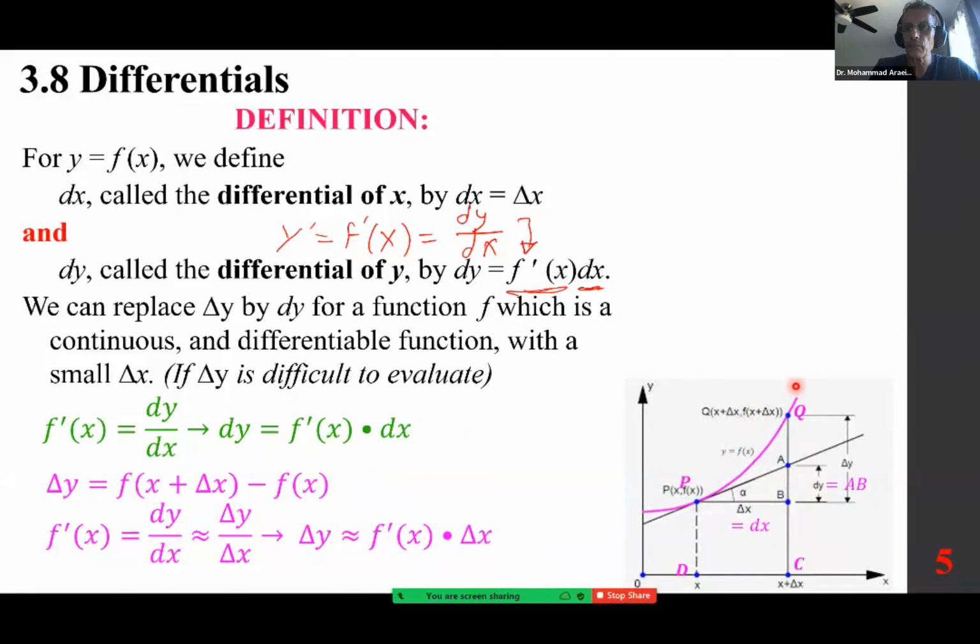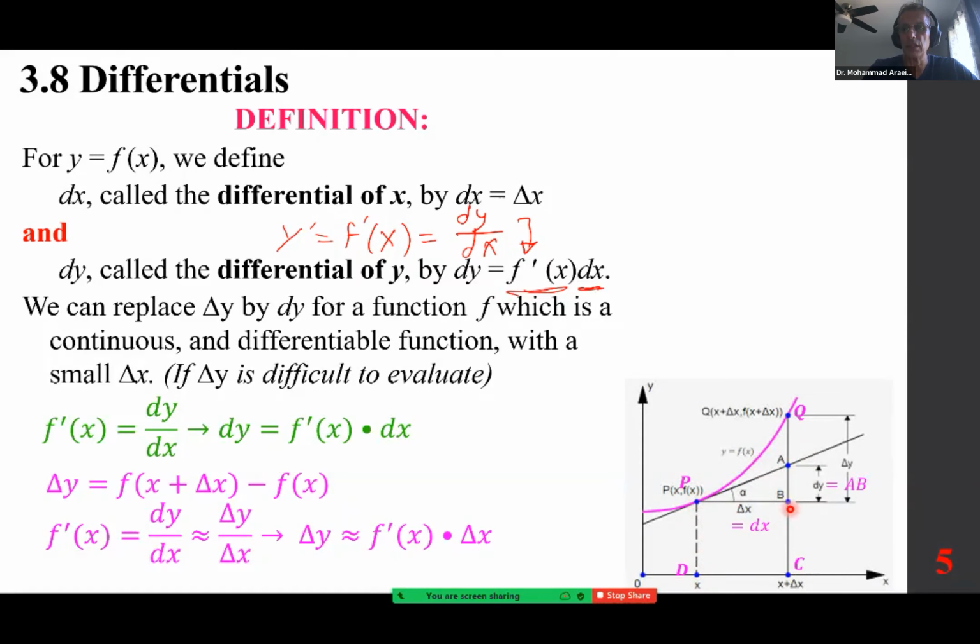So this distance, QC, that's f of x plus delta x. This distance, PD, is f of x. Delta y is QB, the difference between this and this.